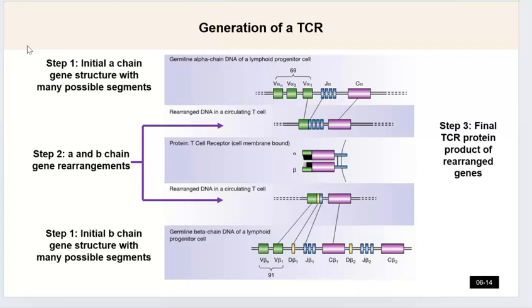A T cell receptor is made up of two polypeptide chains, most commonly the TCR alpha chain and the TCR beta chain.